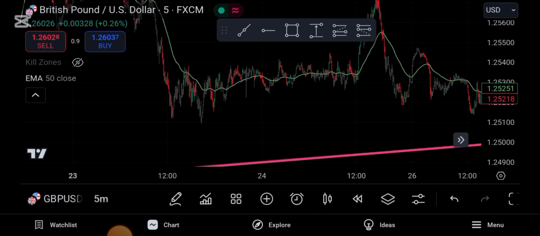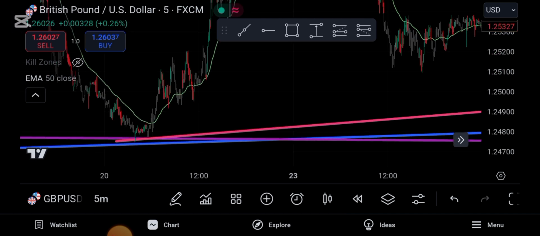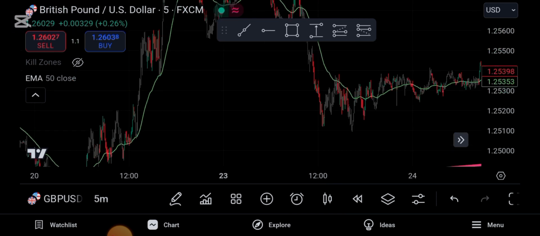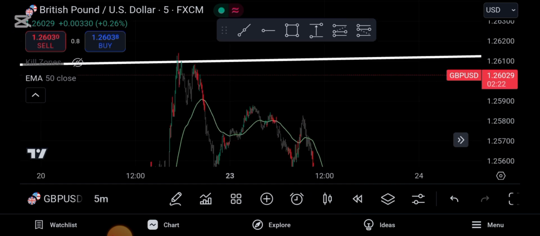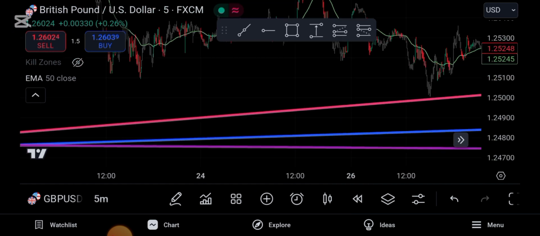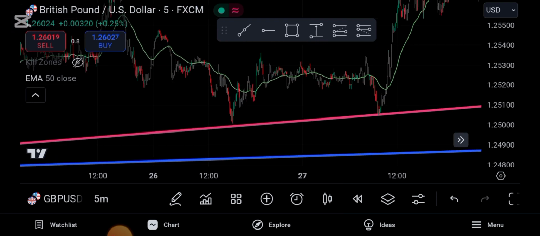Two of them, the market went up like crazy. You could count this as three, but I prefer to say it as a two touch point. The market went up like crazy, went up there, bounced back down. When it went back down, for me, that is my third touch point.